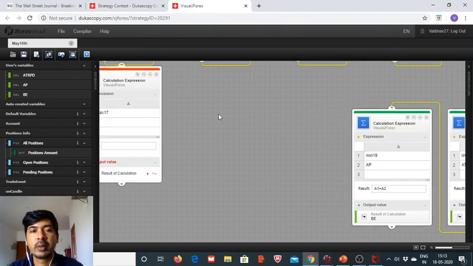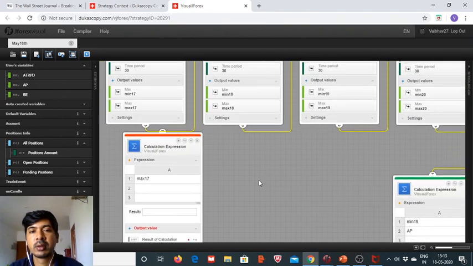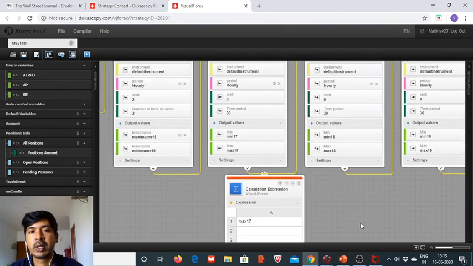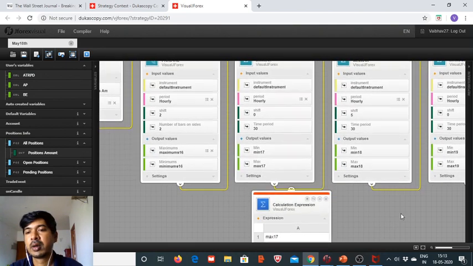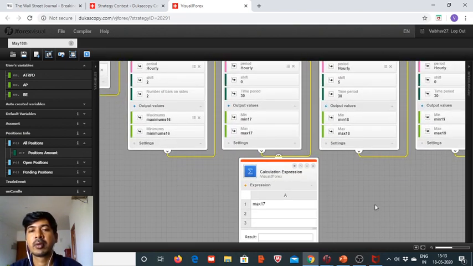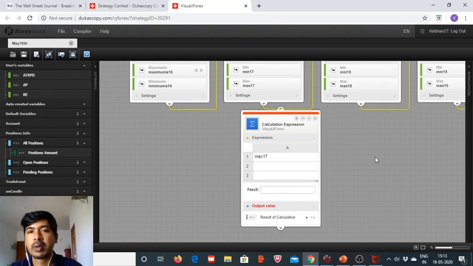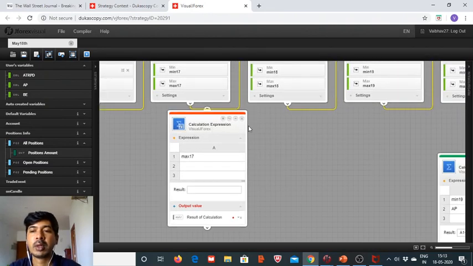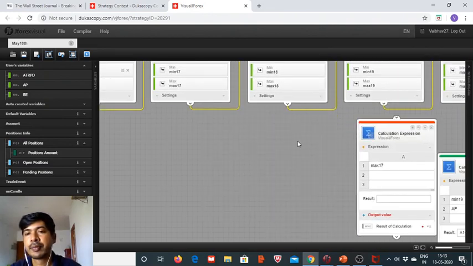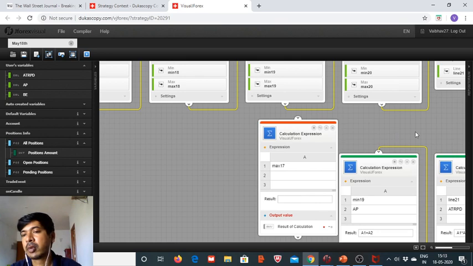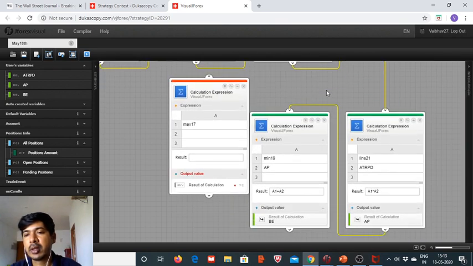Now is the time to define the sell side. For that we take the maximum of the high price current value, and that will be maxima. Oh, we have already got maxima 17. Now we need to take the 15% of the ATR. So here comes the ATR.